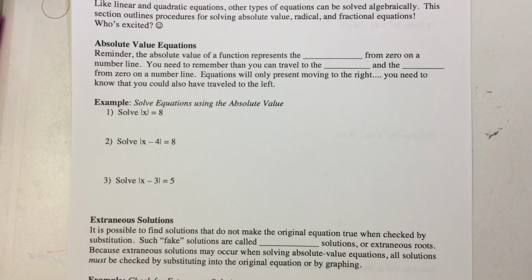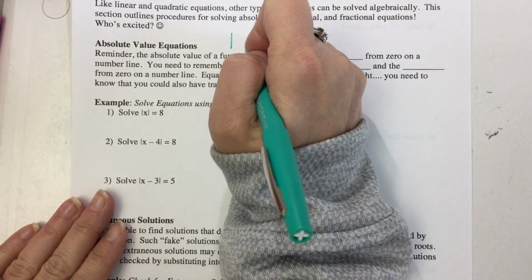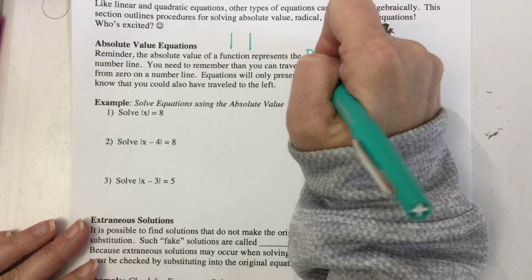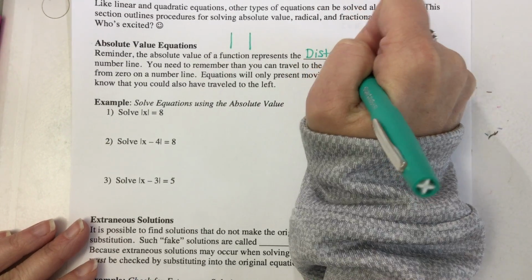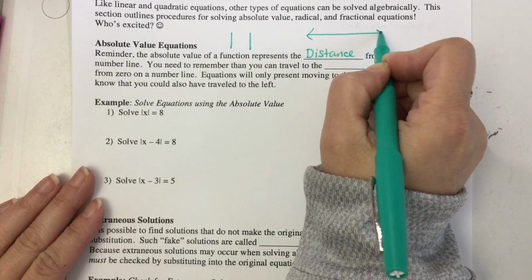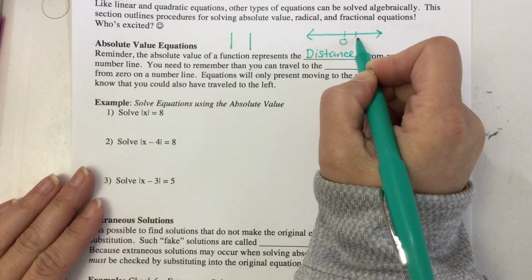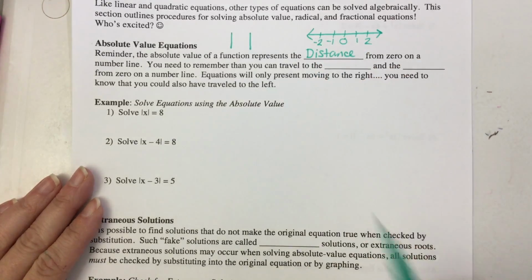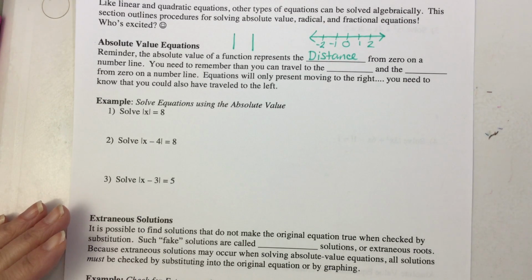Absolute value equations. Remember, absolute value bars look like this. What they represent is the distance from 0 on a number line. Think back to the number line you looked at in elementary school: positive numbers go to the right, negative numbers go to the left.